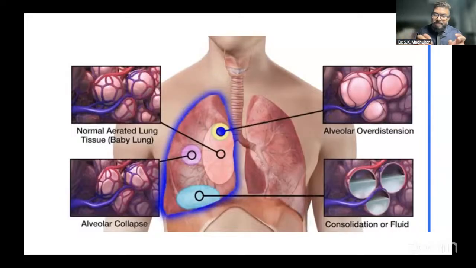In such a patient, there might be a portion of alveolar collapse. And when there is alveolar collapse, a tidal volume of 4 to 8 ml per kg of ideal body weight may not be sufficient to recruit it. They might need higher lung volume. And also, there might be a portion of the baby lung where even 4 to 8 ml per kg ideal body weight of tidal volume may be excessive, and that may cause alveolar overdistension.